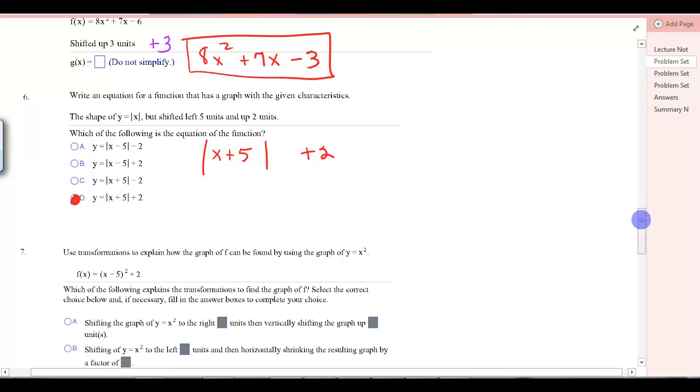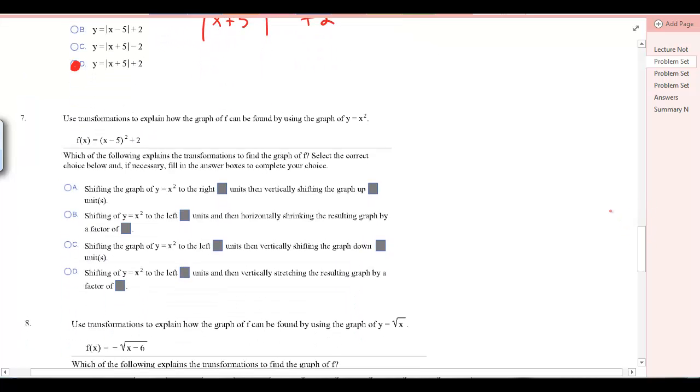All right, number 7. Use transformations to explain how the graph of f can be found by using the graph of y equals x squared. So what it's saying is, how do we get to here from this? If we've got an x minus 5, are we going left or right? We're going to go right. So let's look here.